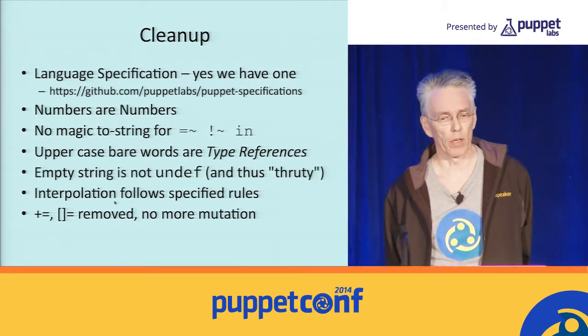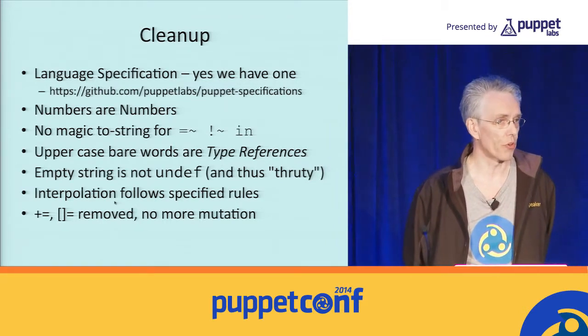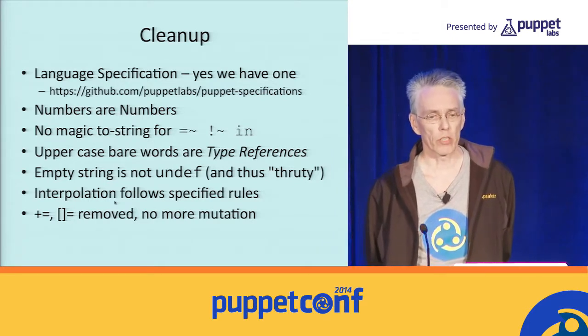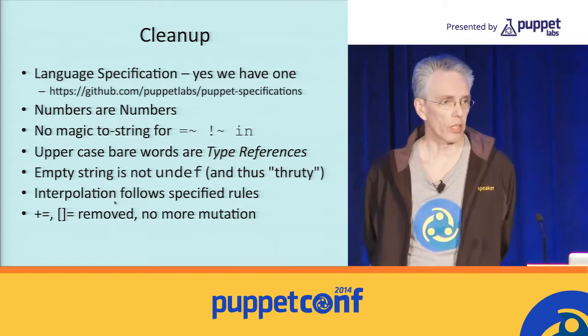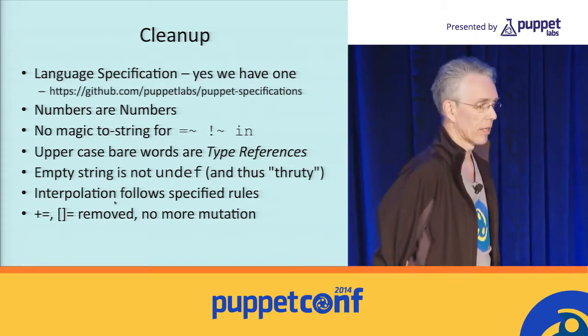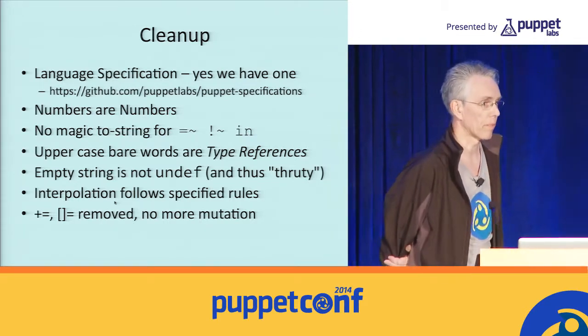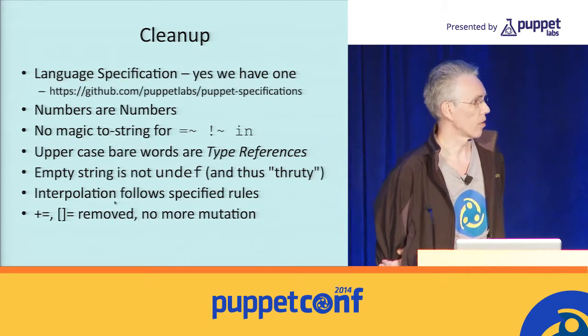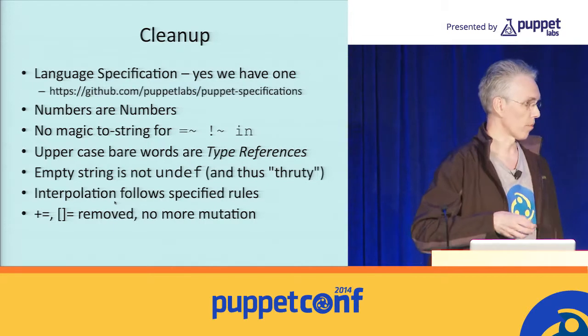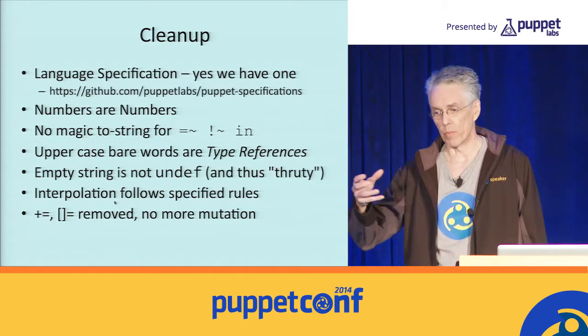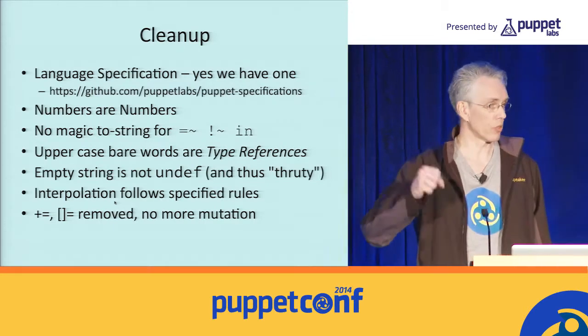We've stopped doing magic transformation to string when using matches, not matches and in operations. That caused all the crazy things, like saying there's a 5 in something when it's not at all the digit 5, it just happens that the number was magically transformed from a numbered shape into a string shape.